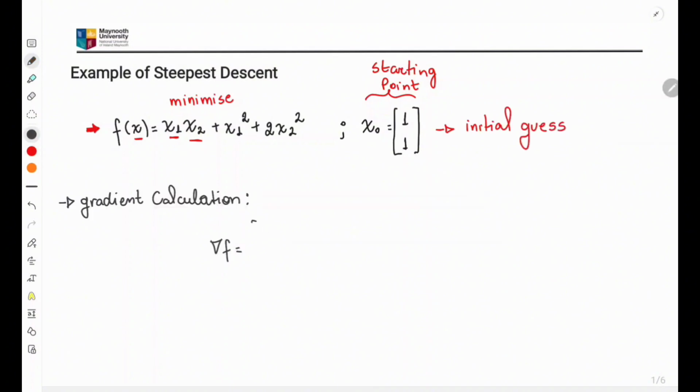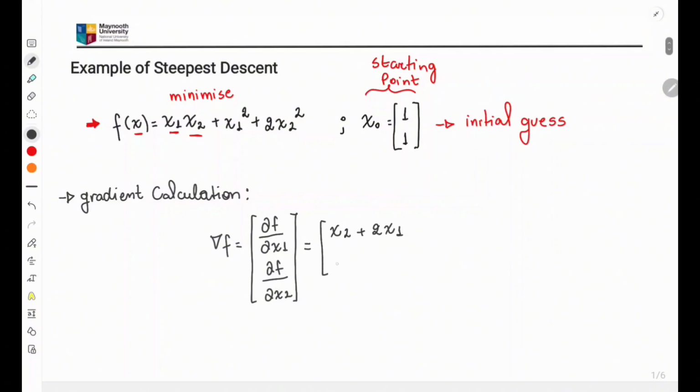Okay, so first we need to determine the gradient at the starting point, and here we have our first form for the gradient, that is x2 plus 2x1 and x1 plus 4x2.